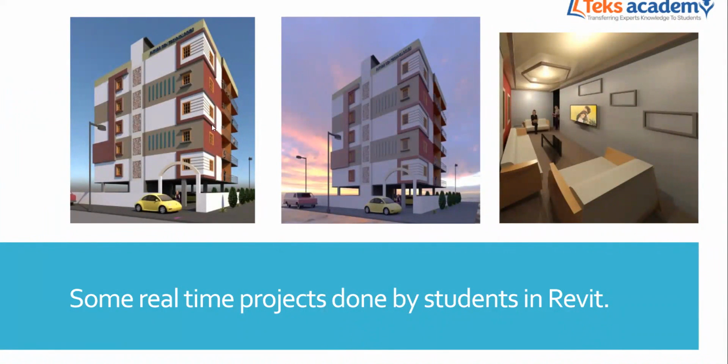The very first image you can see is a building with 5 floors. The rendering has been done in the default render setting of Revit. The second is a plugin of Revit and the third is intelligence. So here is the best example.